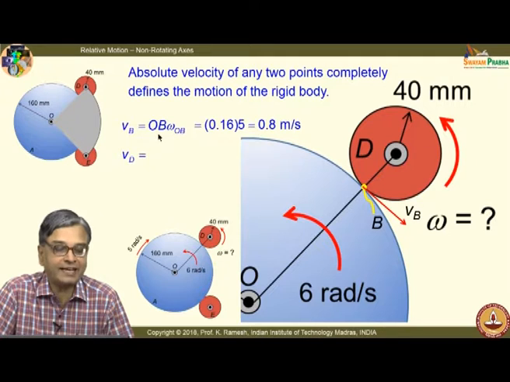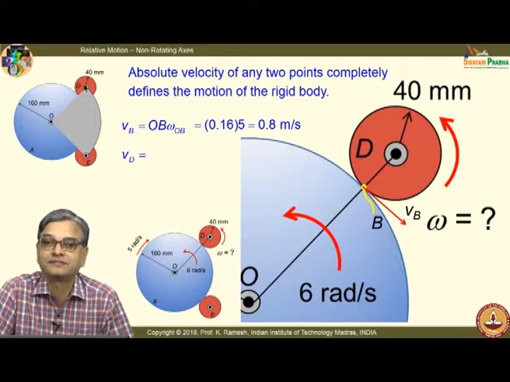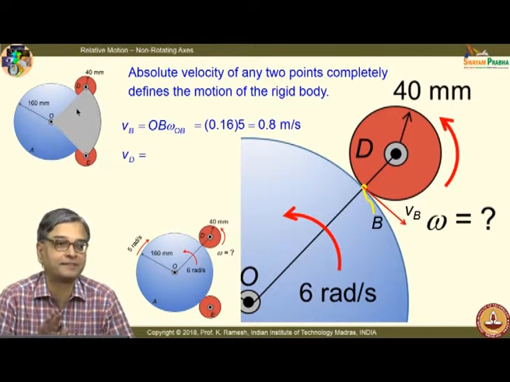For you to recognize, I have brought in that main picture. You have to recognize that I can rotate this sector, and this sector itself is rotated anticlockwise. So, I can independently find the velocity at point D. What is the expression? Is the idea clear? Do you follow what I am trying to say?